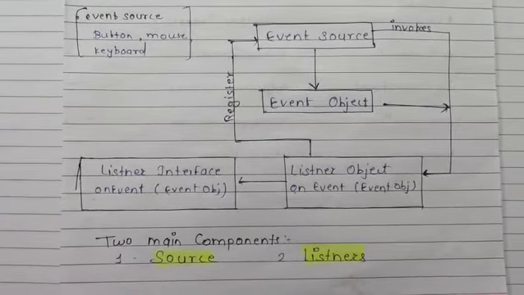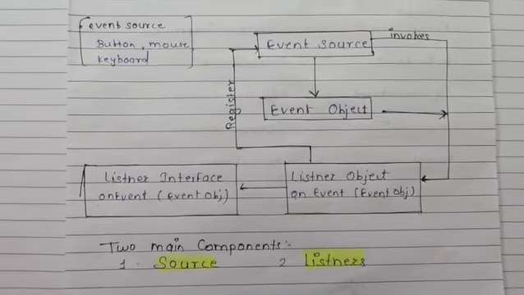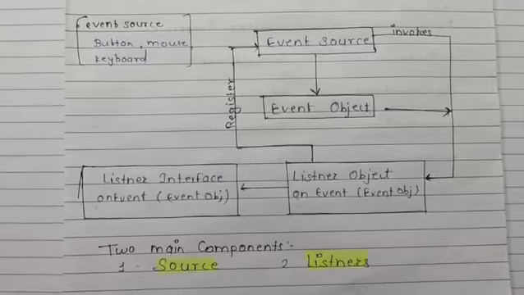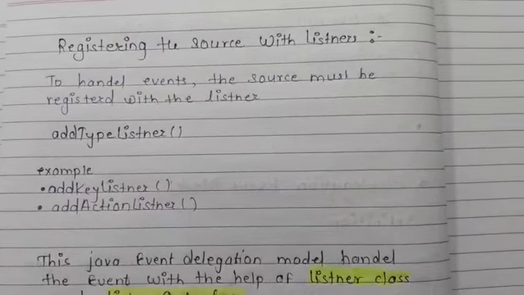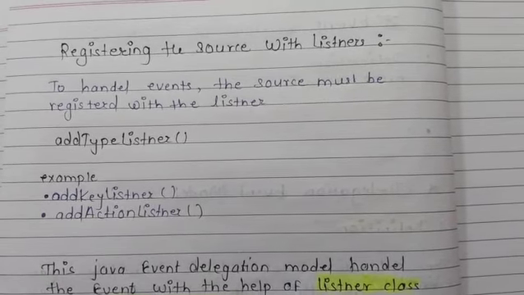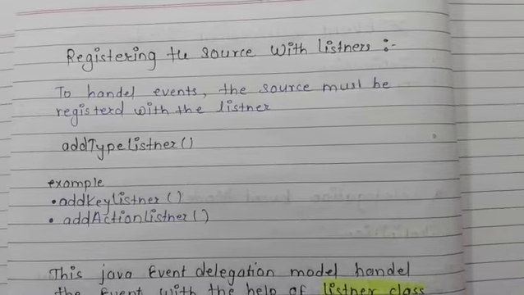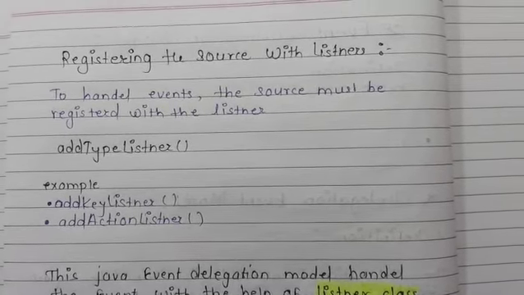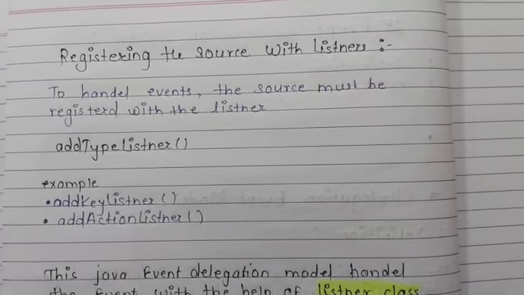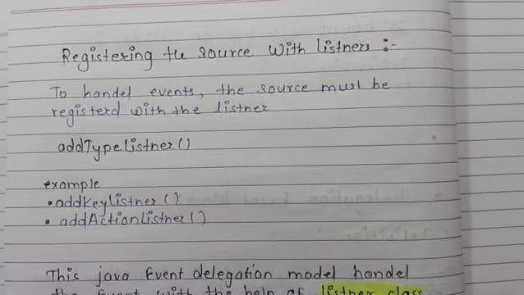And as I said, there are two main components in the event delegation model. First is the source, nothing but the event source, and the second are the listeners. As I said previously, the event source has its own registration method, and all listener objects should register first to the event source, and only then can the event source invoke such event objects.